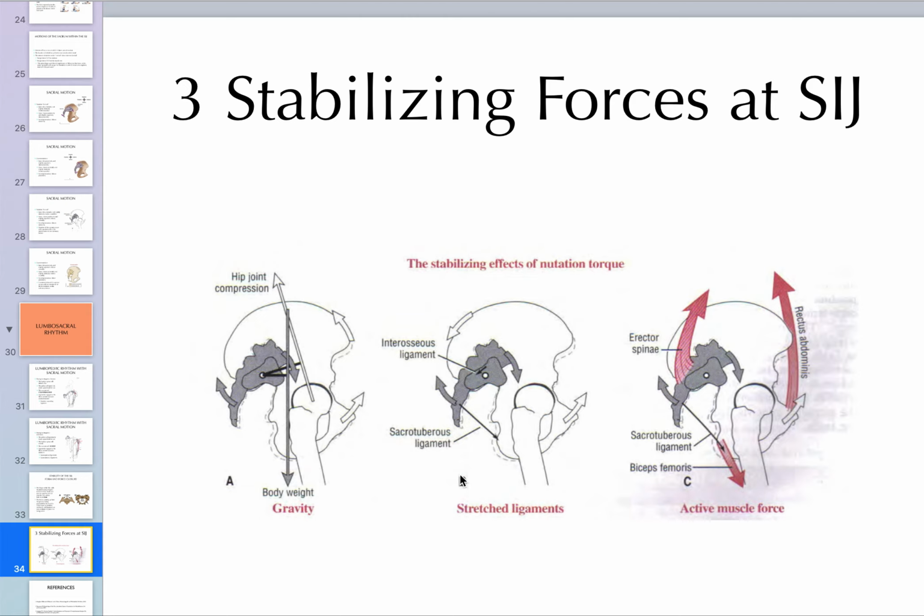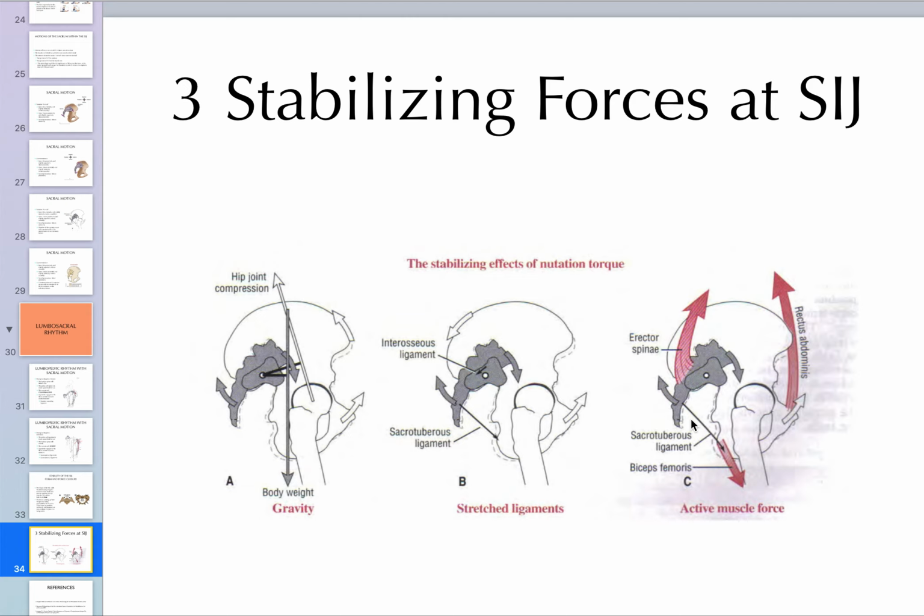Number two, the stretched ligaments, the stretched sacrotuberous ligament and sacrospinous ligament that run from here to here, will both create stability in the sacroiliac joint if the sacrum is going into nutation motion. So these two ligaments are responsible for stability of the sacroiliac joint.